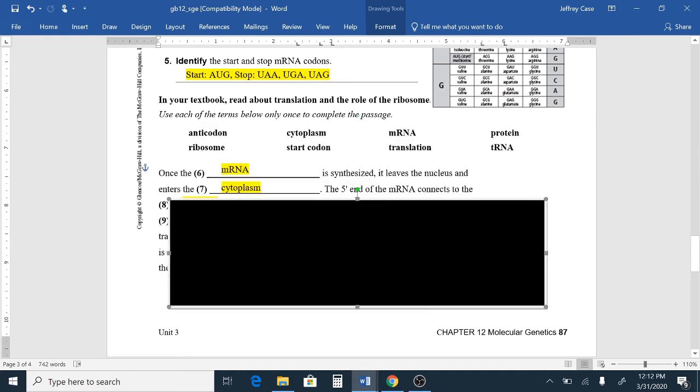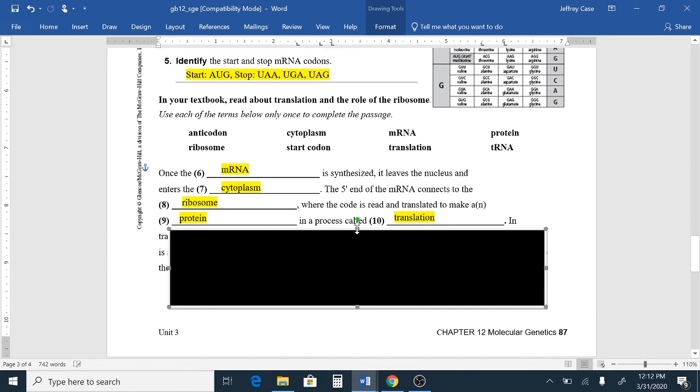What do we have here? Some fill in the blanks with a word bank. Once the mRNA is synthesized, it leaves the nucleus and enters the cytoplasm. The 5' end of the mRNA connects to the ribosome, where the code is read and translated to make a protein in a process known as translation.